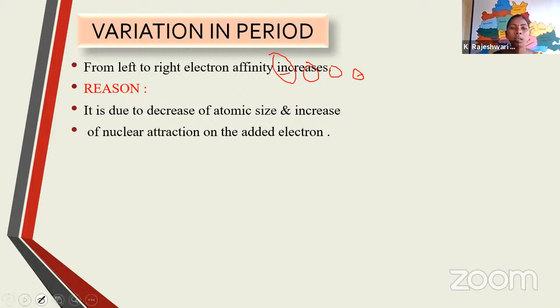So that's why in a period, the electron affinity will be increasing, because of smaller size and increase of nuclear attraction. That is the reason why electron affinity is increasing in a period.